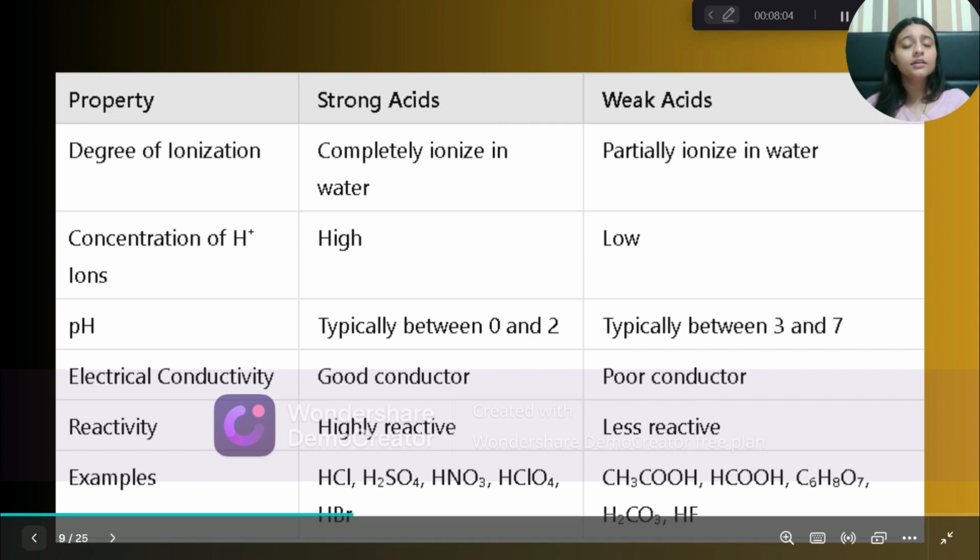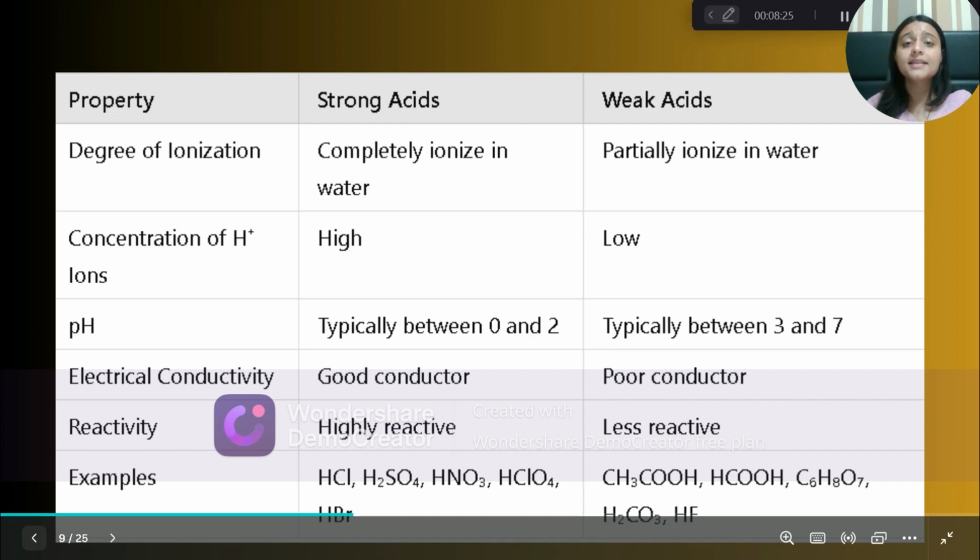Electrical conductivity is higher in strong acids because they ionize completely when dissolved in water. For weak acids it is low because they are not able to dissociate the hydrogen ions when dissolved in water.